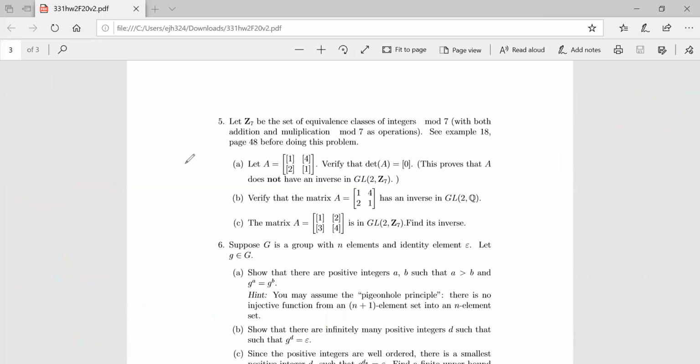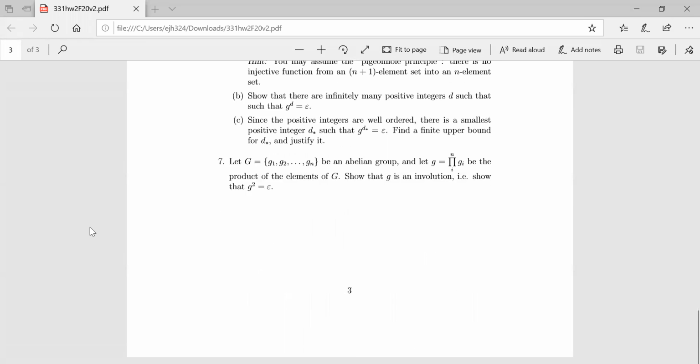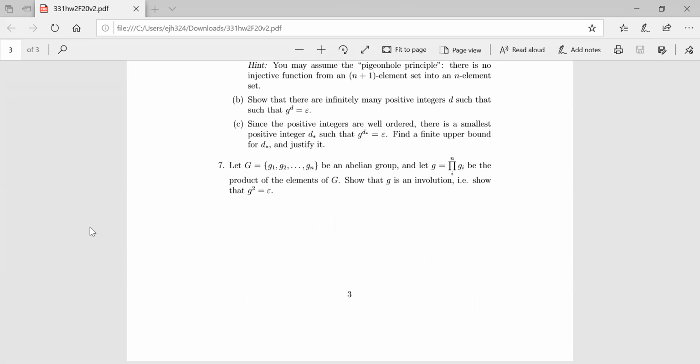Do people have a next question that they want me to go over? Yeah, I just have a general question about the notation. So for problem 7, the product of the elements of the group, I'm not sure if that means multiplying them together under the regular multiplication, or we just apply the group operation to all the elements. Because it makes sense to use the group operation, right?